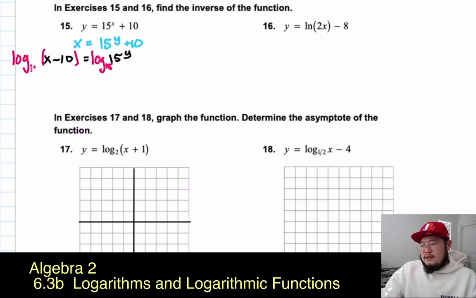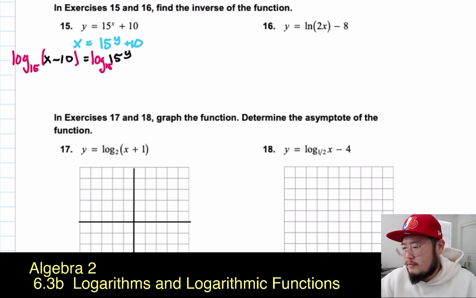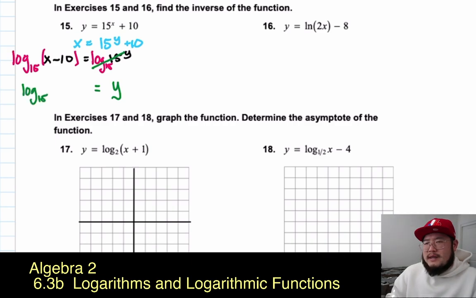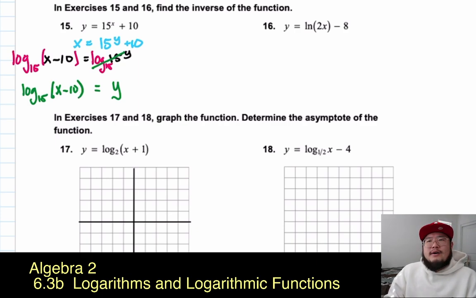So now that I'm here, on the right-hand side, we'll just say that that cancels out. And I'm now left with y is equal to log base 15 of x minus 10. And now you have your inverse.